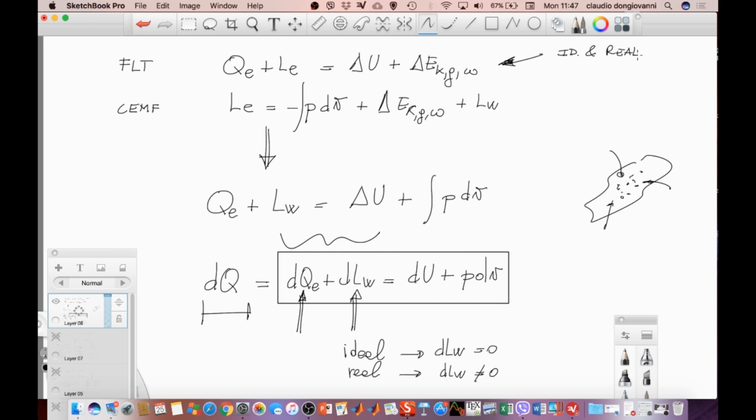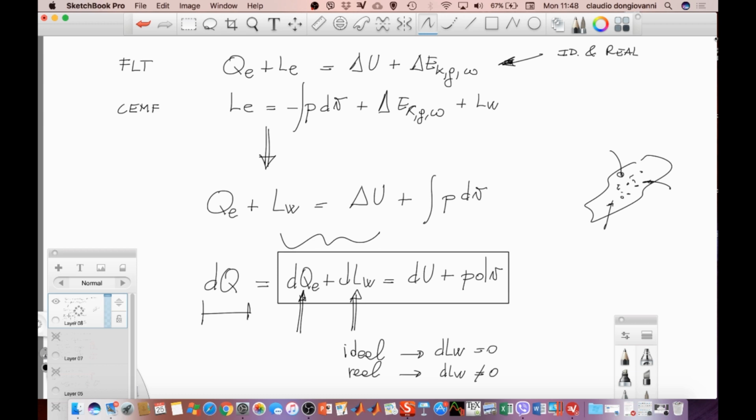But we don't have LW. Why? What is the effect of LW? In which term? Which term is related to temperature?